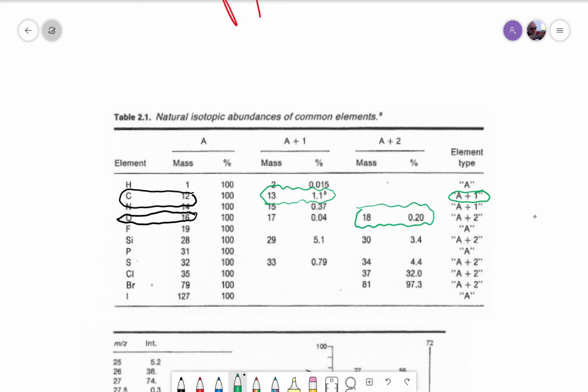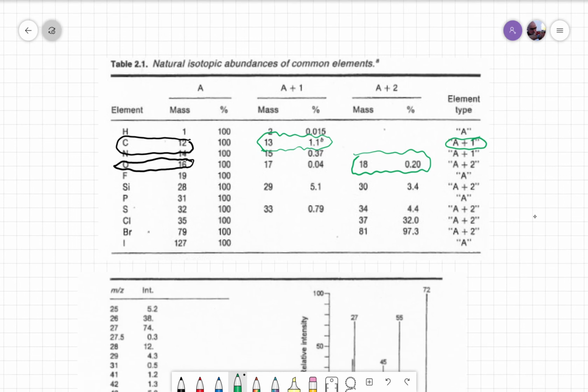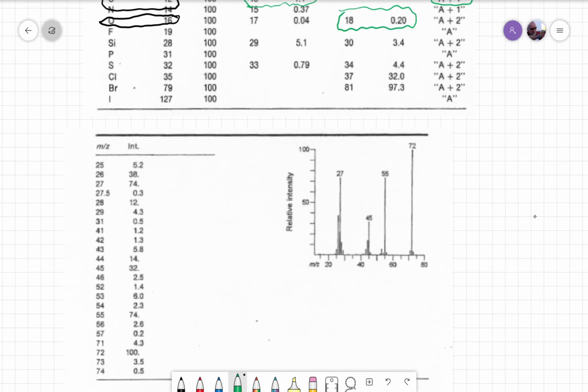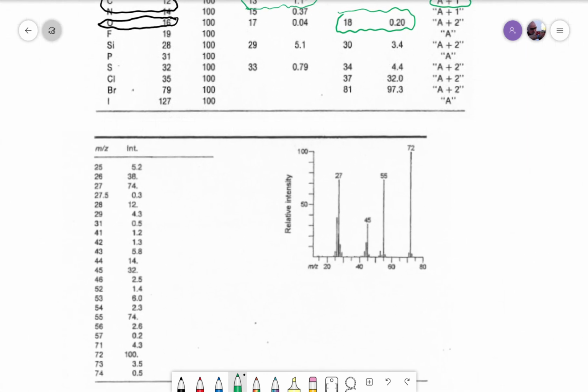Oxygen's most common isotope is actually oxygen 18, which only shows up at 0.2%, meaning it is an A+2. Sulfur is also considered an A+2, but has isotopes both at S33 and S34. We can use this information given in this table to determine empirical formulas beyond just hydrocarbons.